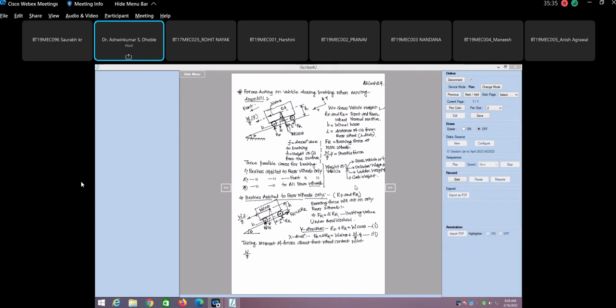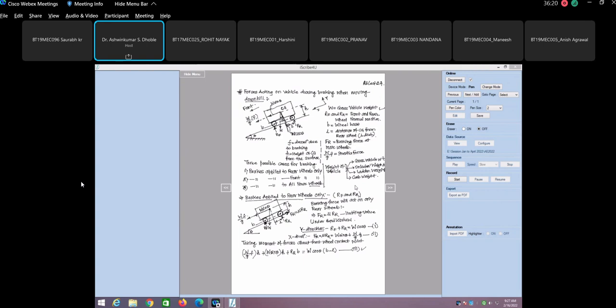W by G into F, whole thing multiplied by H, plus W sine of theta multiplied by H, plus Rr into B, that has to be equal to W cos of theta in bracket B minus L. Let us say that this is our equation number 3. All of you agree with equation number 3? Please check once again. W by G into F, that is multiplied by H, that is the perpendicular distance.